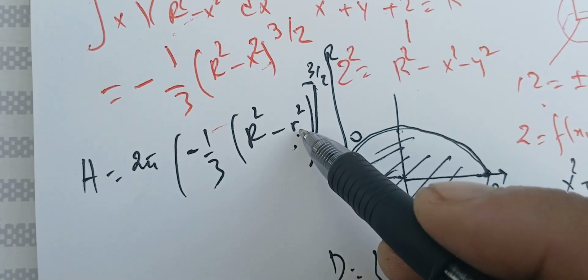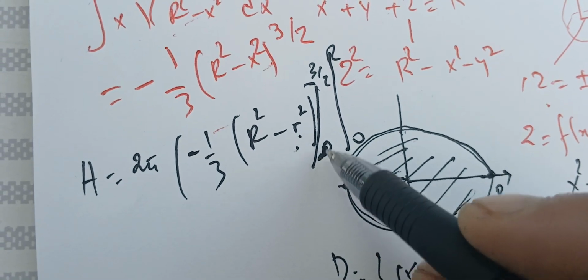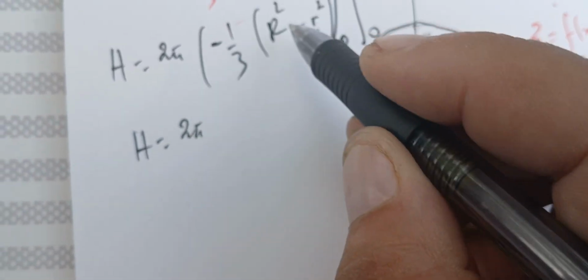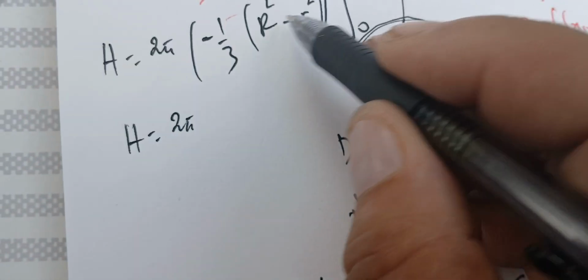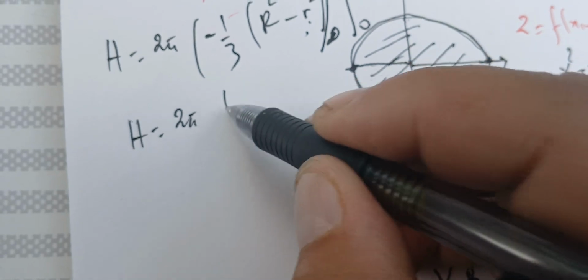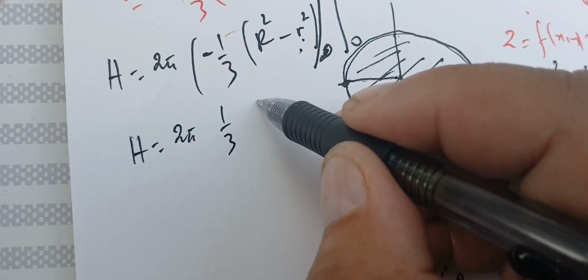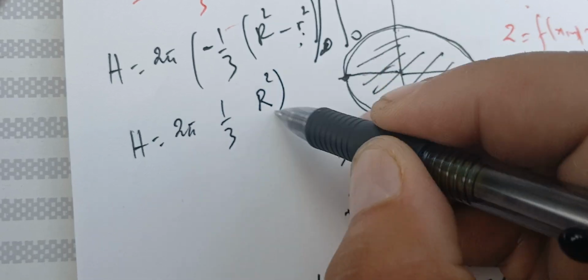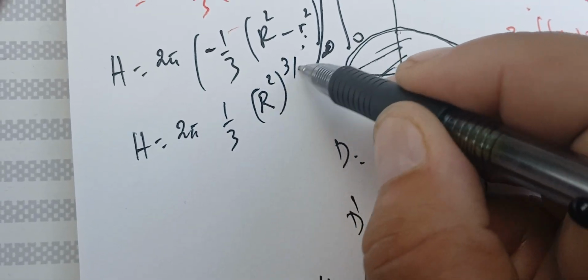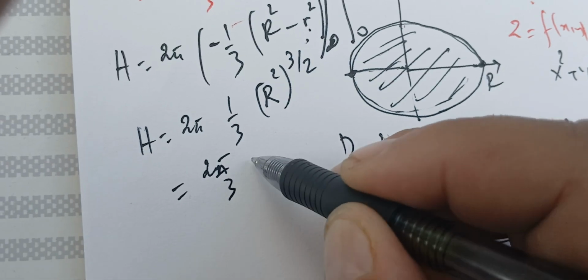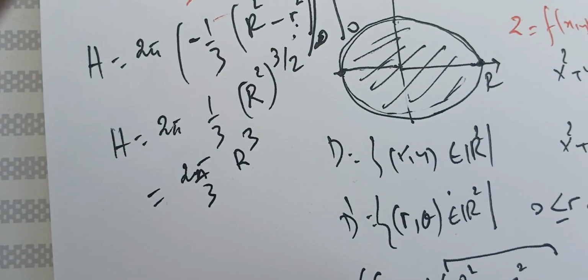And when small r is 0, we're going to have H is 2 pi, and the minus sign gives us plus 1/3 times big R squared to the power 3/2, and this will give me 2 pi over 3 times R cubed.